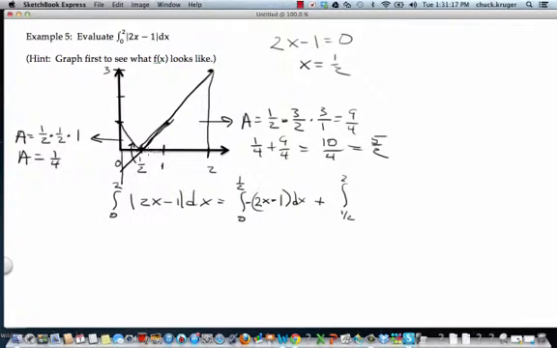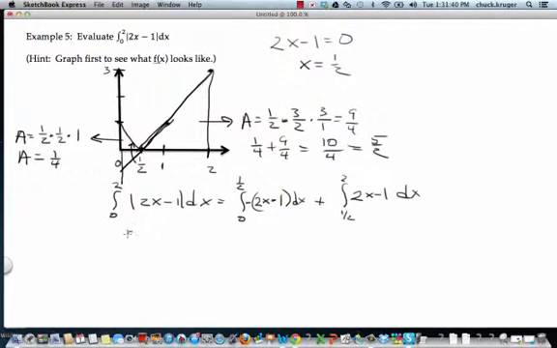From the interval 1/2 to 2, they're already positive, so I'm going to leave them as 2x minus 1 dx. And I'll do another example, but every time you have that absolute value, you have to find those x-intercept points and take a look whether those values are positive or negative and make a determination. And I'll show you how to do that on the next example.